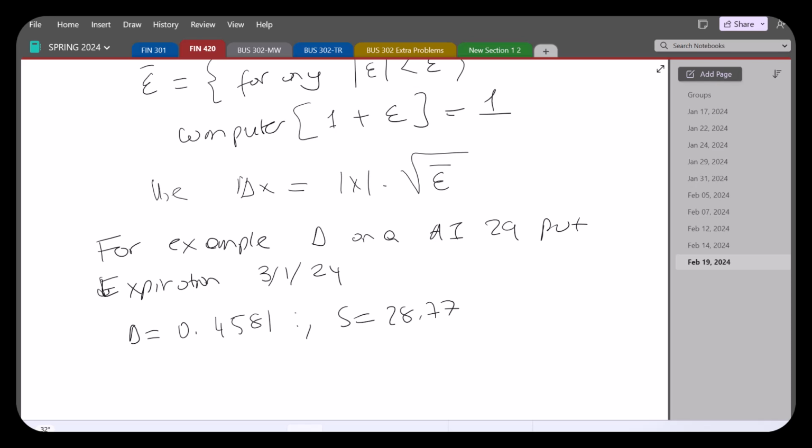Remember, it gives you the right to sell at $29. If the stock is trading at 35, that right is not worth too much. Why would anybody want to sell it? But if it's trading at 29 and a half, it's a lot more likely. So it gives me a positive delta because my position is short.